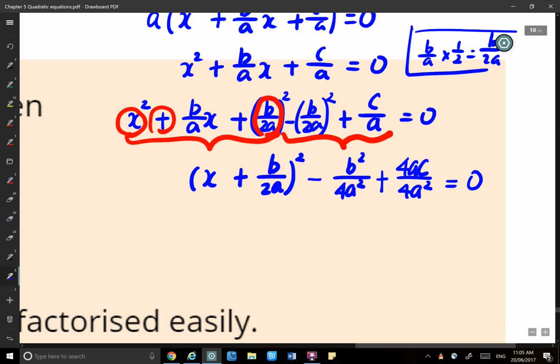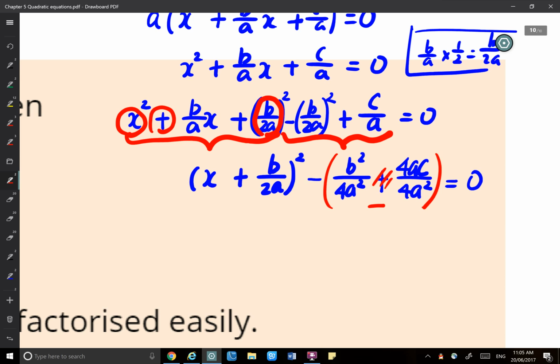That equals 0. Same denominator. If I put a bracket here, that plus sign will become a minus sign. I want to combine the constant together and make it into one fraction, not 2 fractions. Because it's minus plus, if you put a bracket, you have a minus sign there.